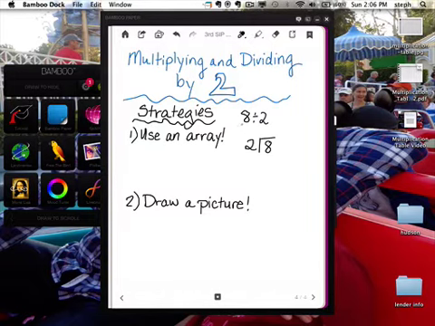So go ahead and write dividend and divisor. I'm going to write it down here too. Dividend and divisor.